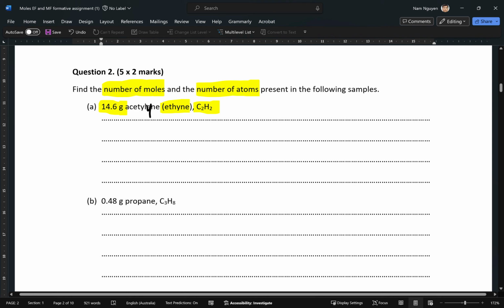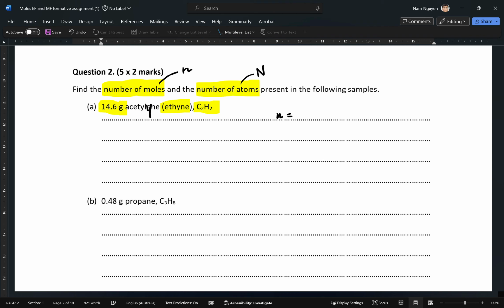And so the best place to start is to figure out where you're trying to go and what information you have. What we're trying to find out, we want to use the symbols so that the formulas will be more apparent. Number of moles is using the letter lowercase n, and the number of atoms is capital N. And so we have two formulas at our disposal.